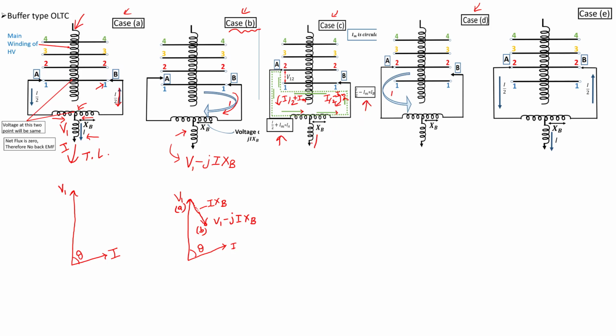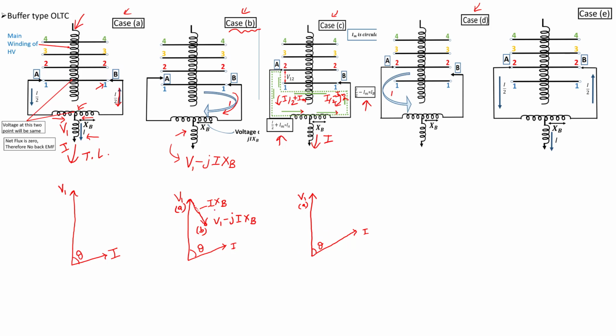So total current in this is again I. Now the phasor diagram here corresponds to this. This is V1, case A, and this is our I, which is at angle theta.